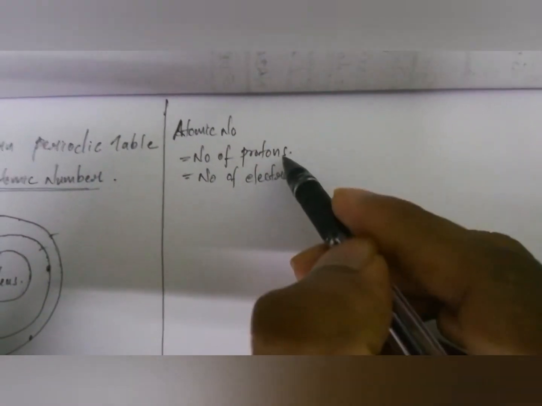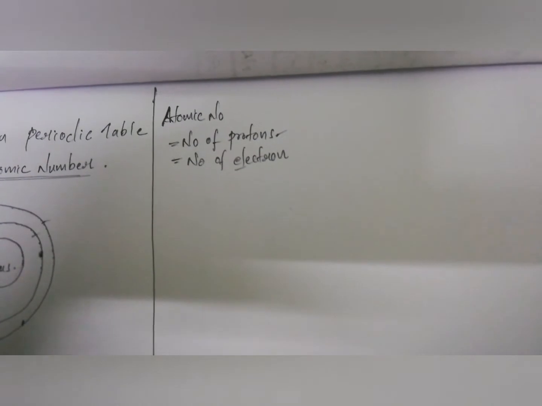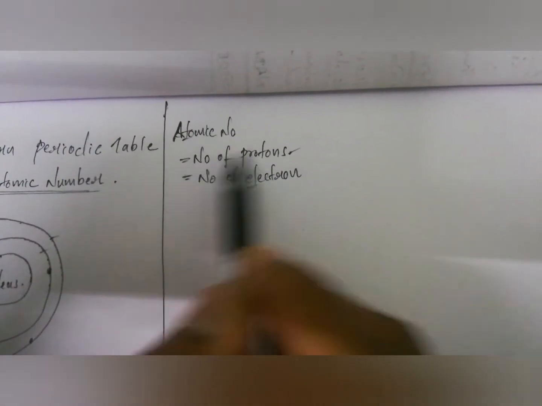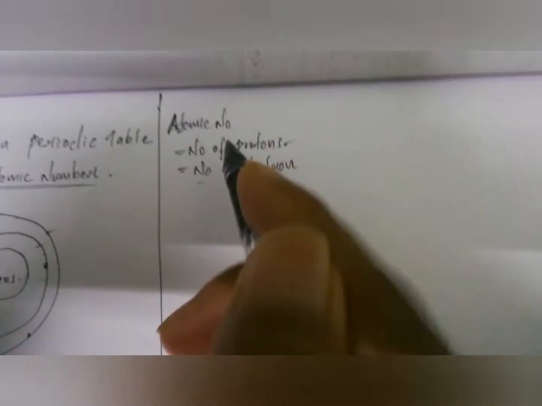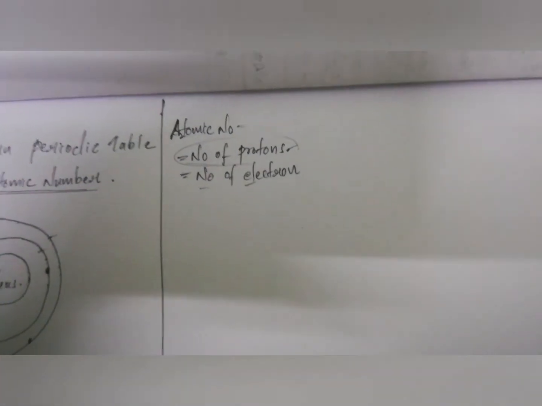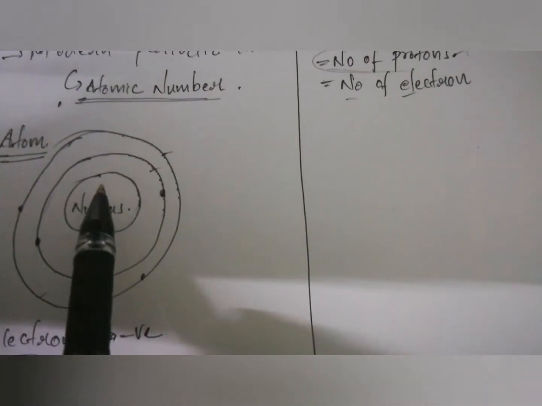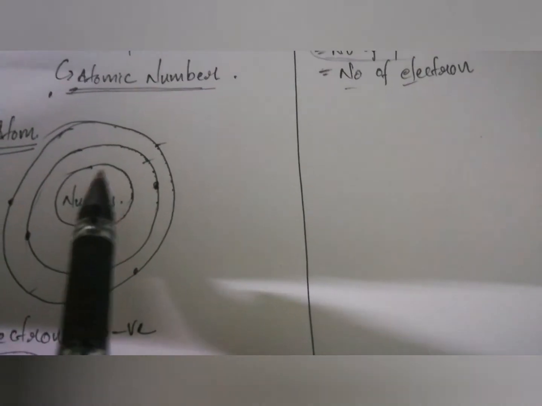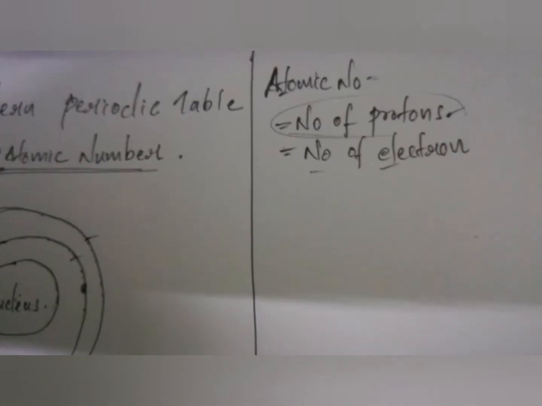The number of protons will always be equal to the number of electrons. But the actual thing is, atomic number means the number of protons, because in an atom, the number of protons does not vary, but the number of electrons may vary.